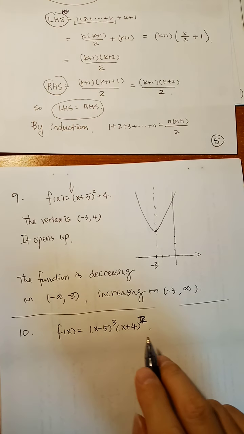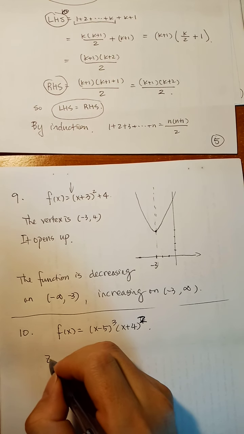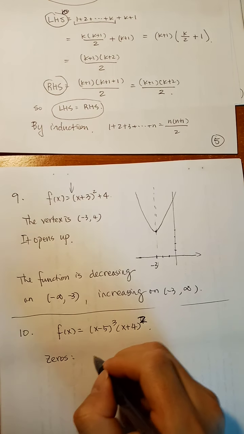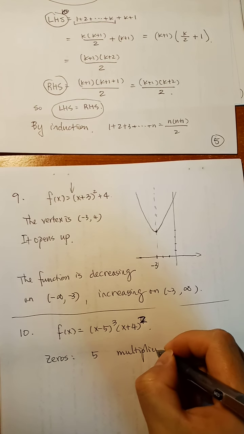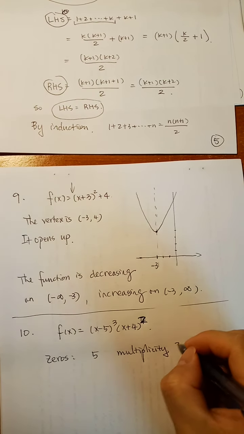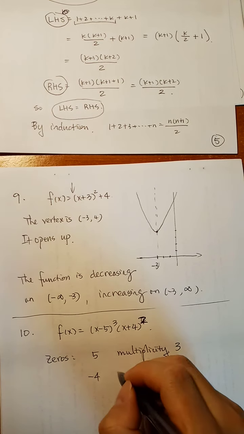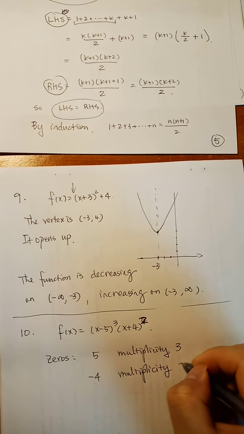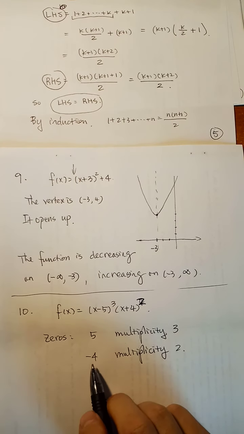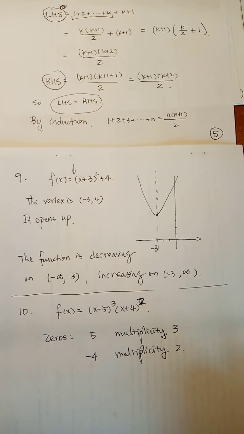Okay, so from this factorization, we know that the zeros are 5 with multiplicity 3, and here you get -4 with multiplicity 2. Just be careful about the second zero, it's -4.